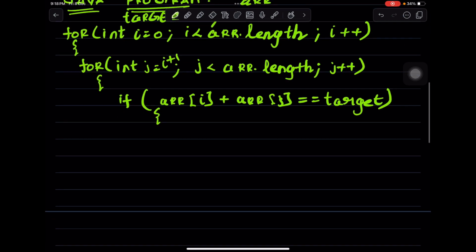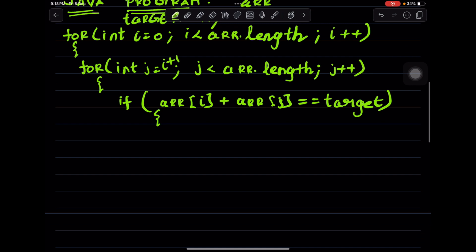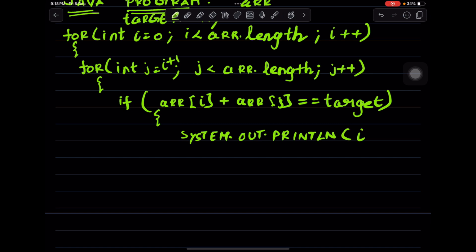Before breaking the loop, you just System.out.println i, then a space and then j. So I'm just printing the indices i and j and then I'm breaking the loop.